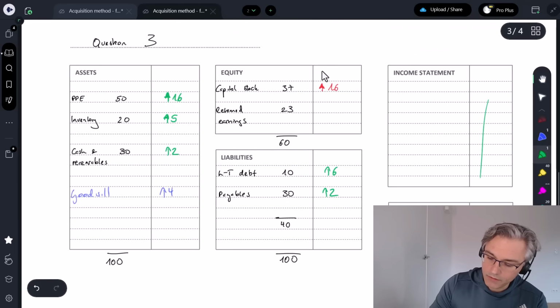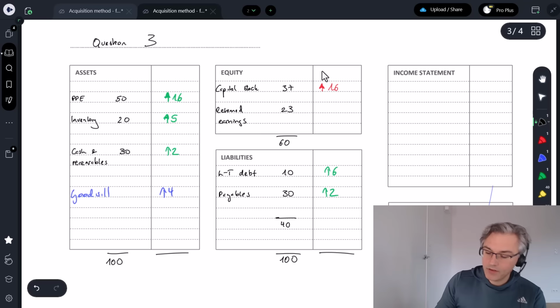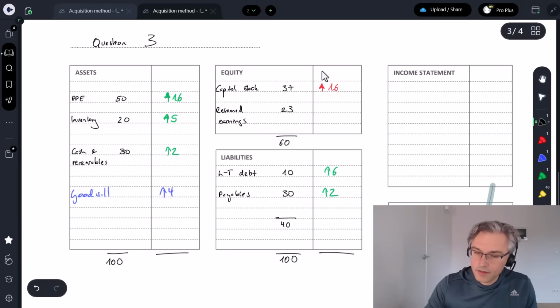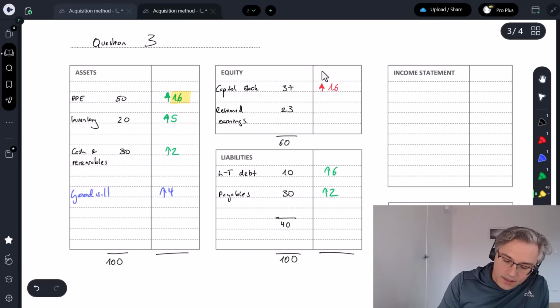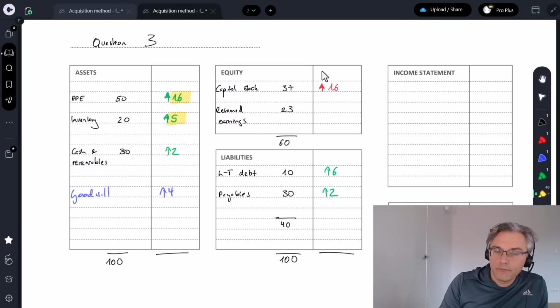So must record it. And let's see whether we still have some difference potentially that needs to be dealt with. Well, start with assets. 16 plus 5, that's 21, plus 2, that's 23, and 24.